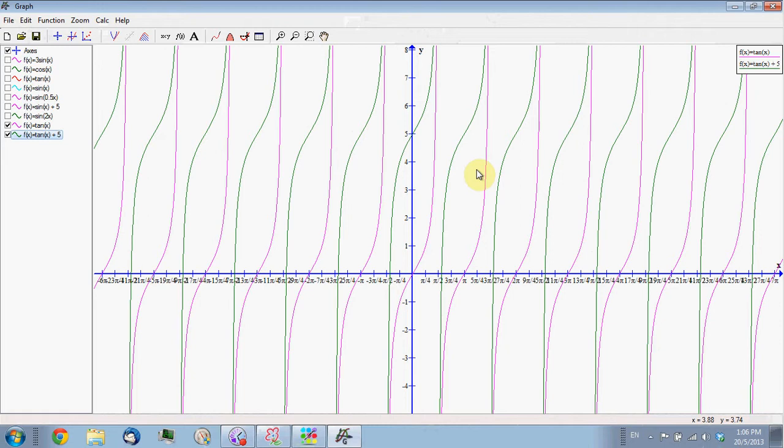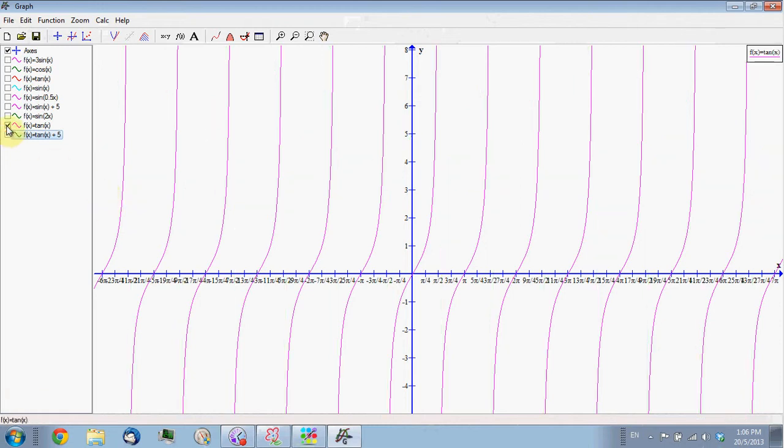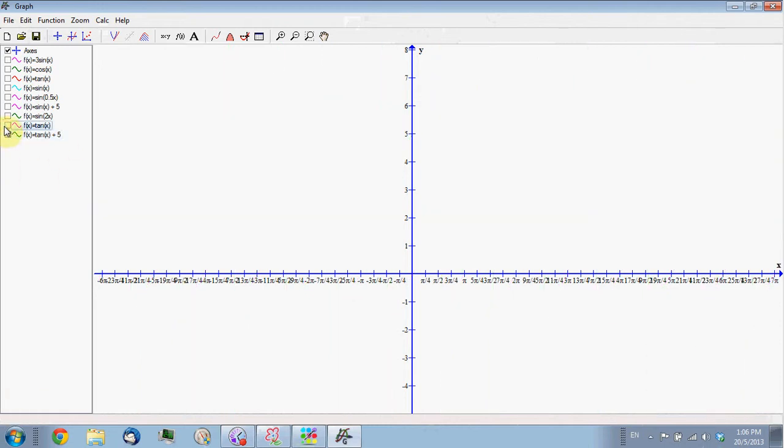All right. So this applies to all graphs, all right? Sine, cosine, and tangent for the trigonometric graphs. So you don't really have to worry about it.